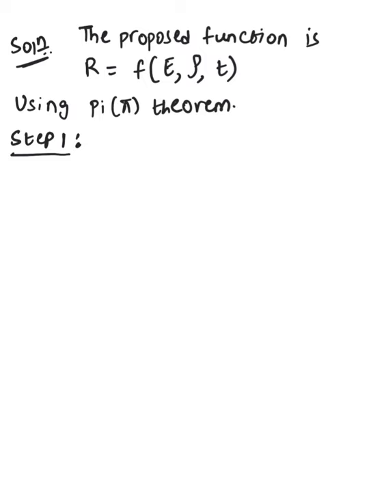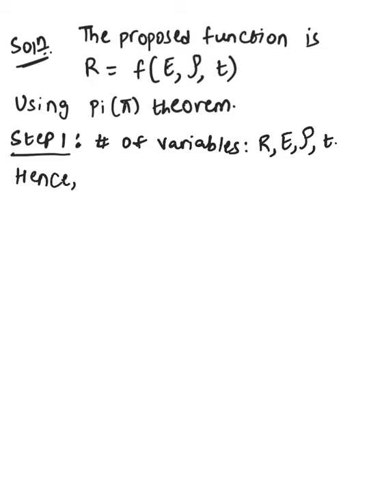The first and foremost step is to write down the number of variables present in this problem. From the proposed function, the variables involve wave radius r, energy E, air density rho, and time t. Hence we have n equal to 4 variables.